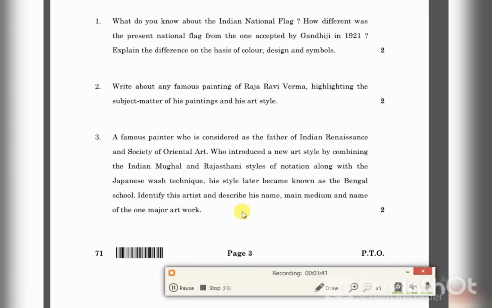So if we talk about one of his famous artworks, it is Journey's End. This is made with tempera and wash technique of watercolors. Medium used in this painting was watercolors and paper.